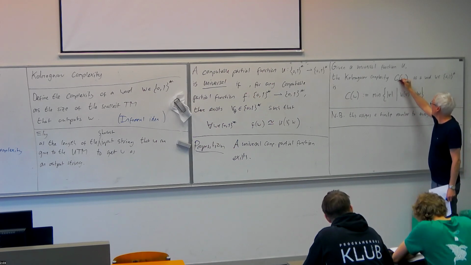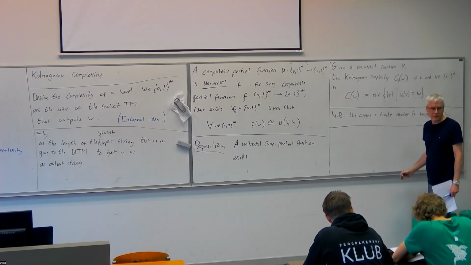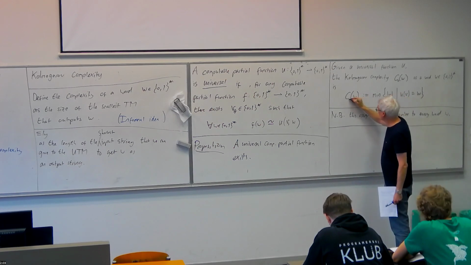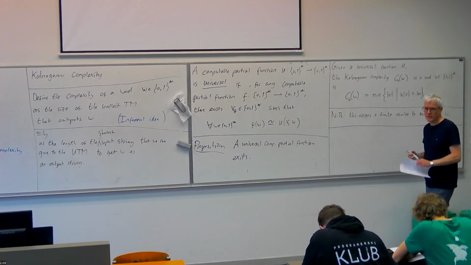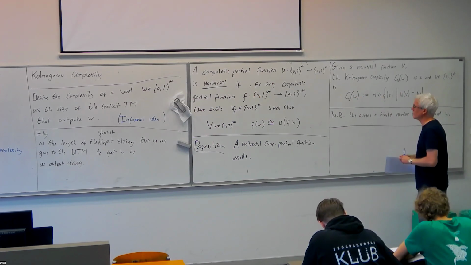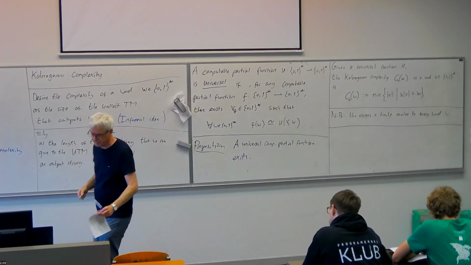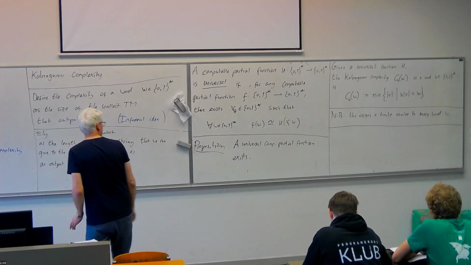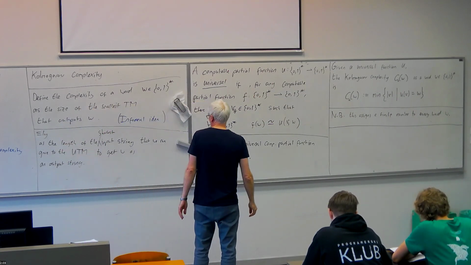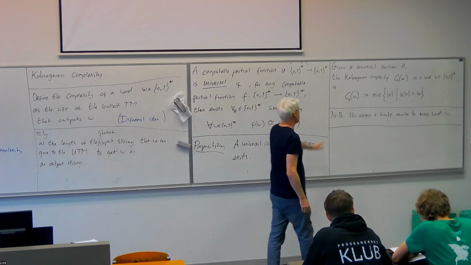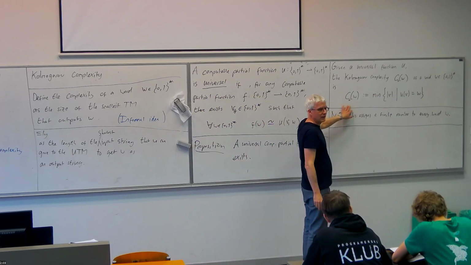Of course this is dependent on the universal function U, so we'll write C sub U to be a bit more precise. But because it's dependent on our choice of universal function, it might not look very canonical.